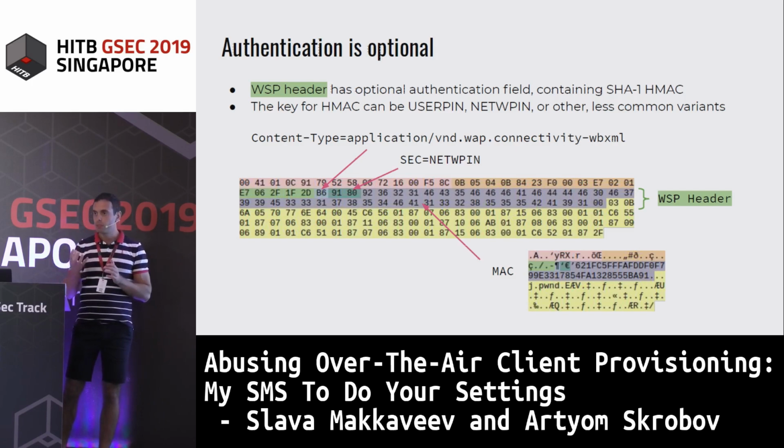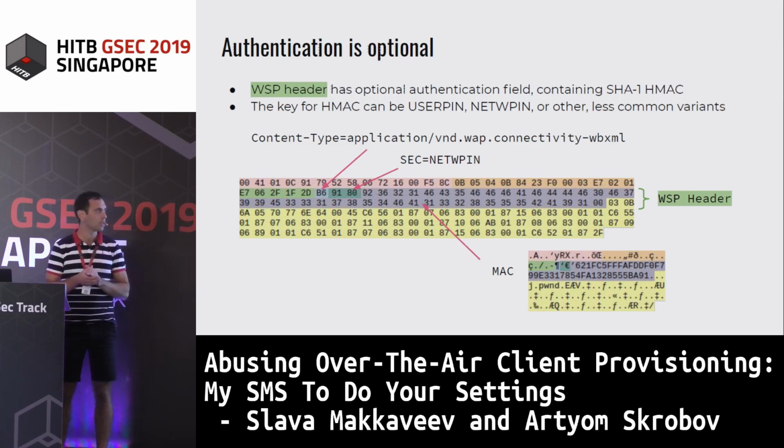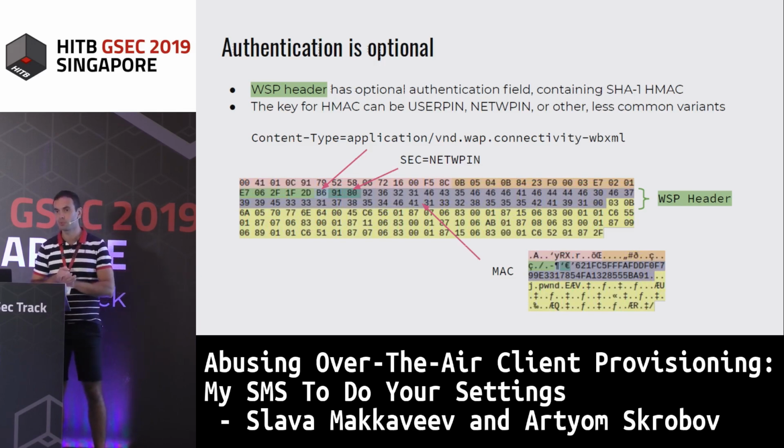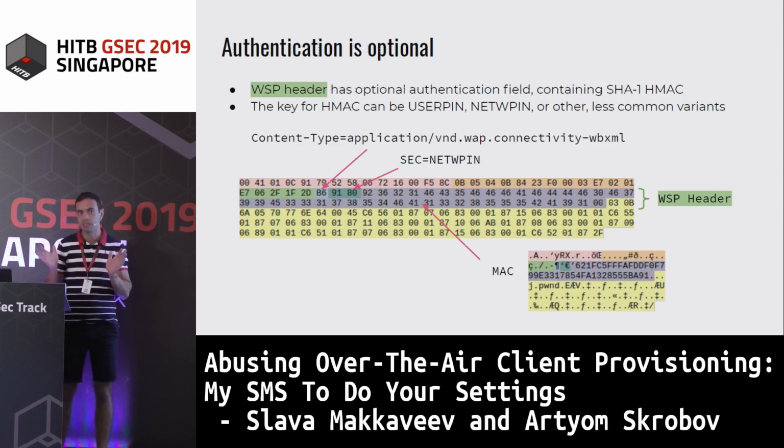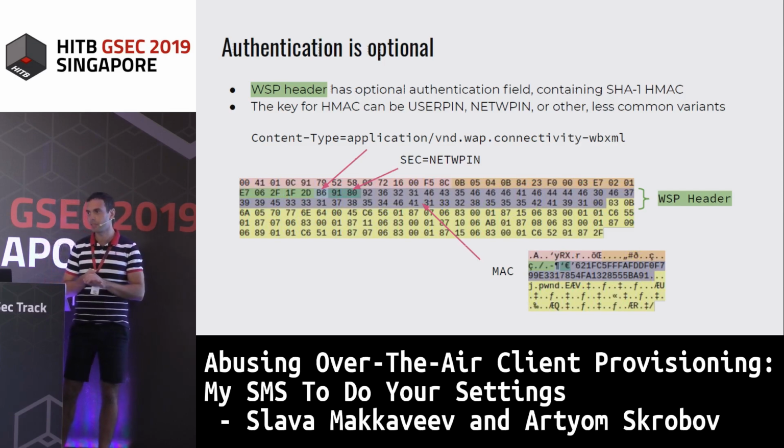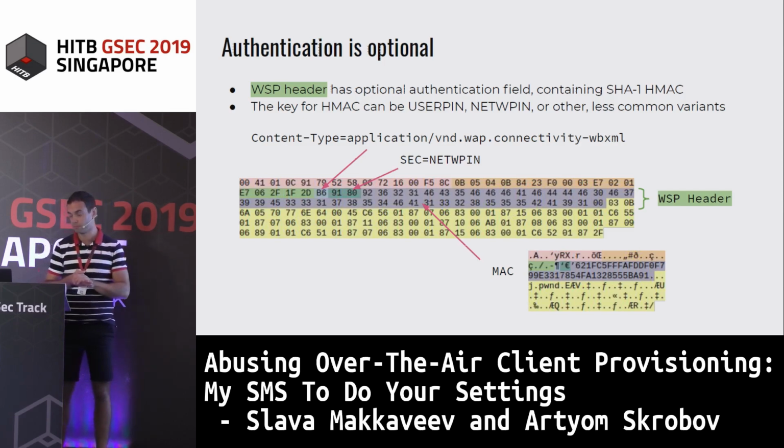Actually, the message authentication code is just a SHA-1 hash of the IMSI XORed with data. This means that anyone who wants to generate a message authentication code from an IMSI just needs to use a standard OpenSSL tool or any other cryptographic library to do this.